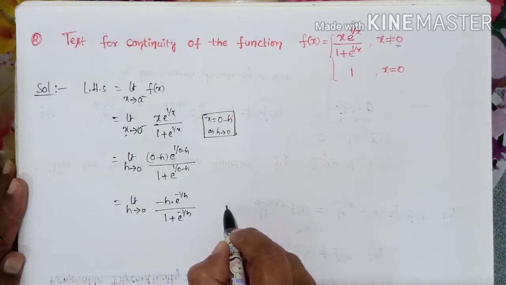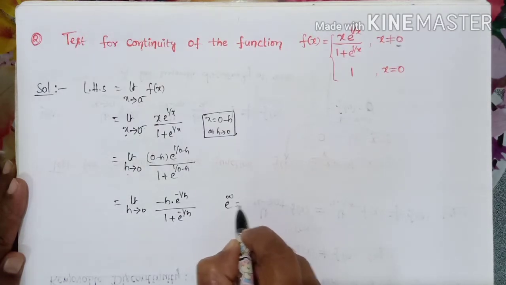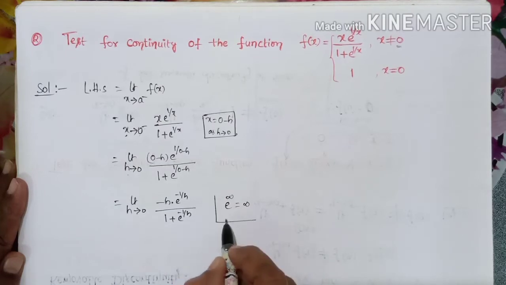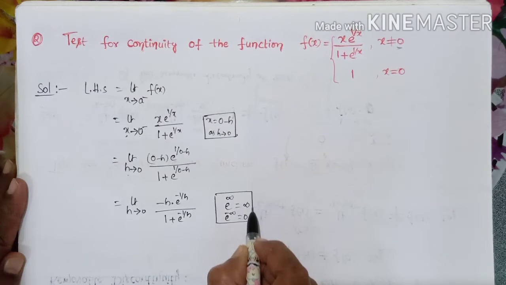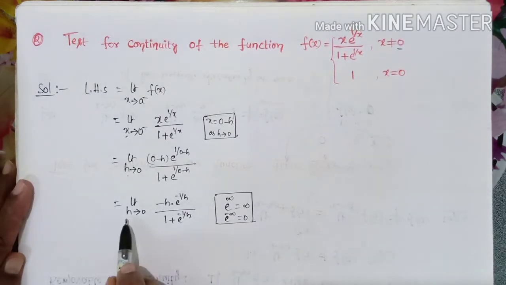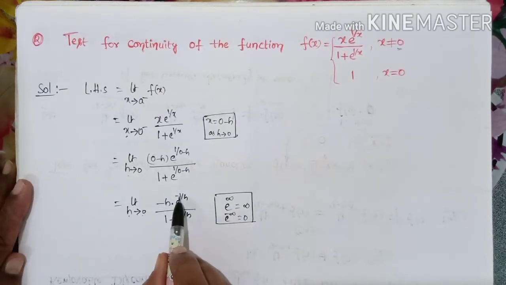As we all know, e power infinity equals infinity and e power minus infinity is equal to 0. We should remember these 2 points. As h tends to 0, 1 by 0 means infinity, so minus 1 by h is minus infinity. e power minus infinity is 0.